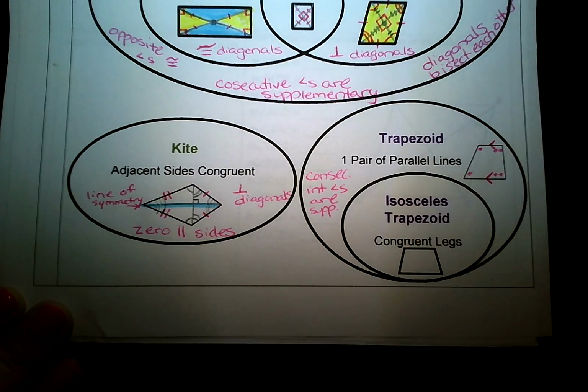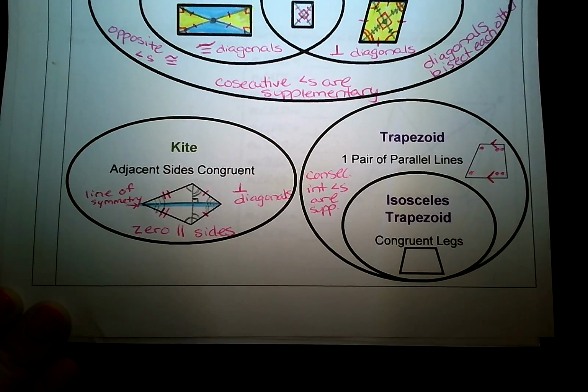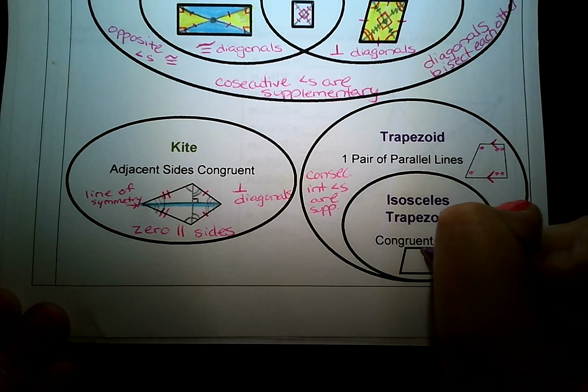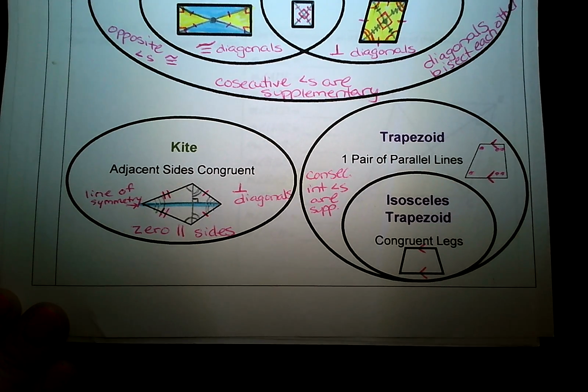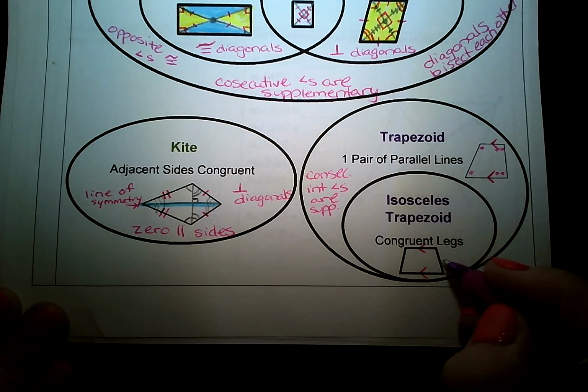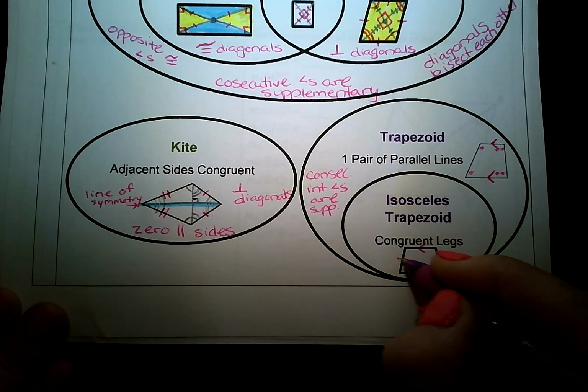There's a special kind of trapezoid that it's probably what you imagine, and it's called an isosceles trapezoid. It's still a trapezoid. All isosceles trapezoids are trapezoids, so they still have one pair of parallel lines, and they still have consecutive interior angles, which are supplementary. The additional piece to an isosceles trapezoid are its congruent legs.